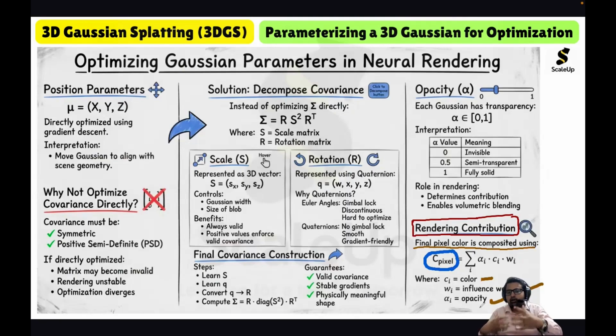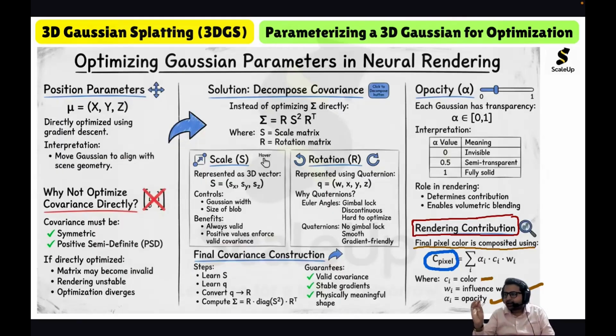They might be overlapping, or rather contributing. So for every 3D Gaussian, we find the product of its color value, the influence weight, and the opacity.